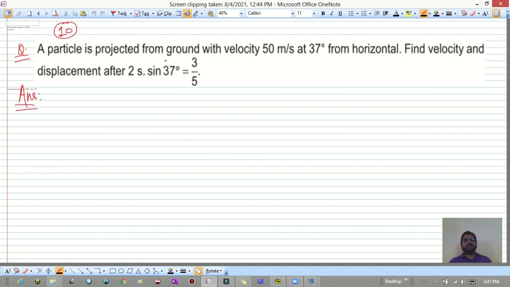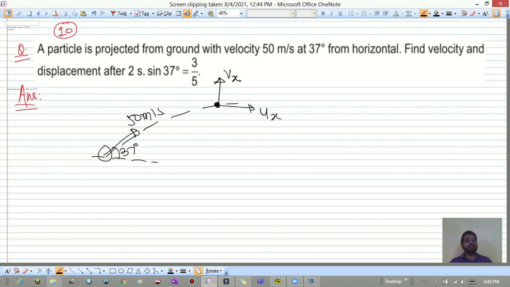Next, a particle is projected from the ground with velocity 50 meters per second at an angle of 37 degrees from the horizontal. Find velocity and displacement after 2 seconds. Just now we have calculated this. After 2 seconds, let us consider this is the ball. For velocity, in the horizontal direction it remains the same, but the vertical direction velocity will change.